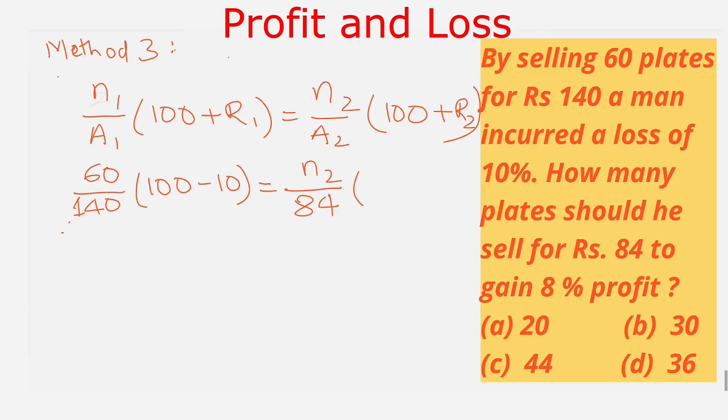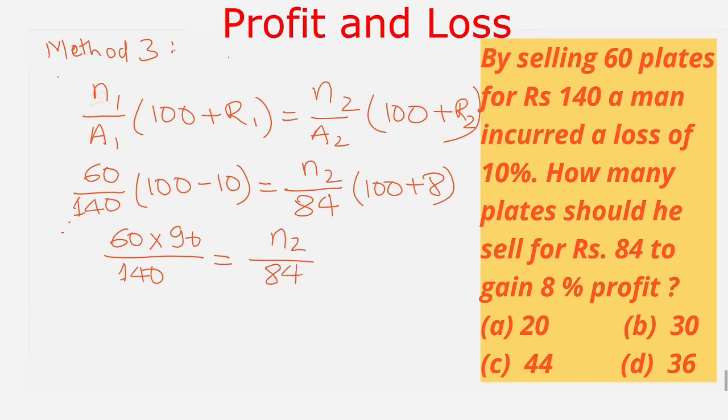So R2 is 8. So we write 100 plus 8 as it is a profit. We take it positive. We solve like this. Now 60 multiplied by 100 minus 10 is 90 upon 140 equal to N2 divided by 84 into 100 plus 8 is 108.